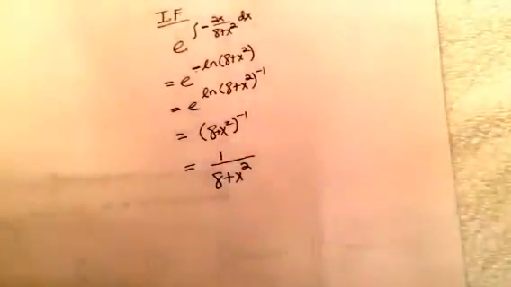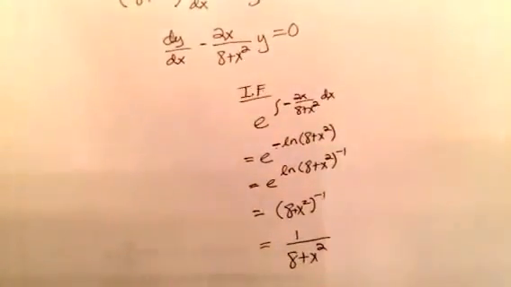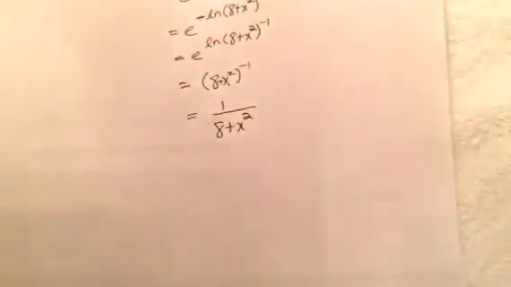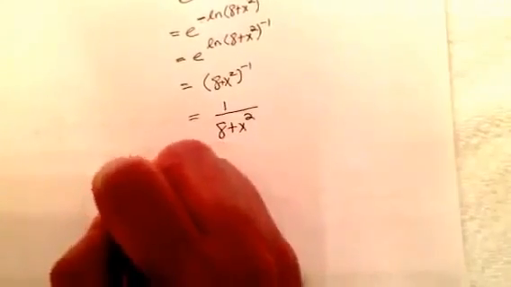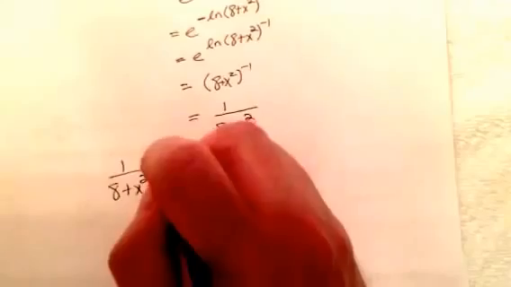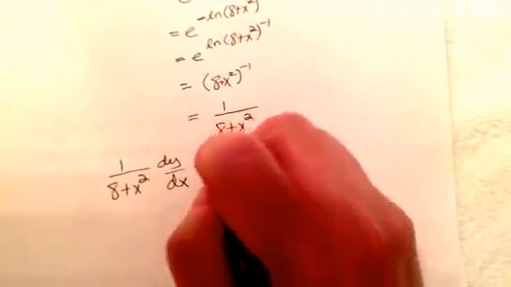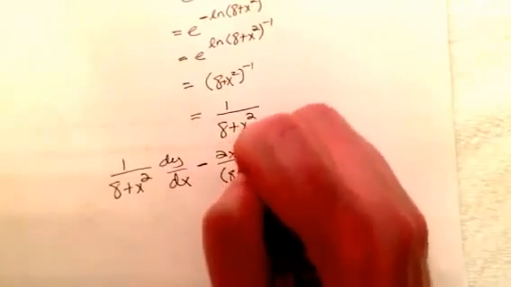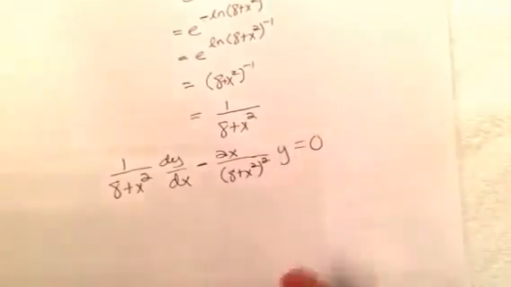With the integrating factor, if we multiply everything in the differential equation by 1 over 8 plus x squared, for the rewrite, we have 1 over 8 plus x squared dy over dx minus 2x over the quantity 8 plus x squared, squared, y is equal to 0.